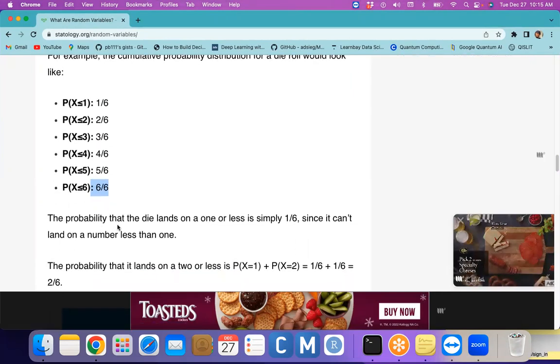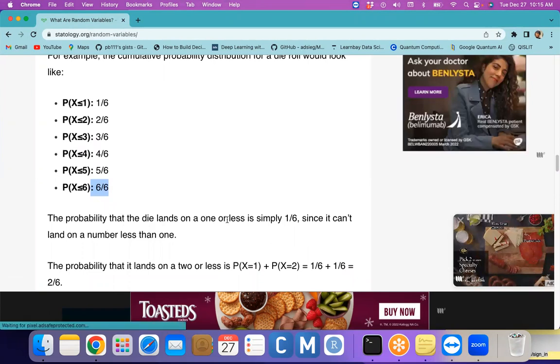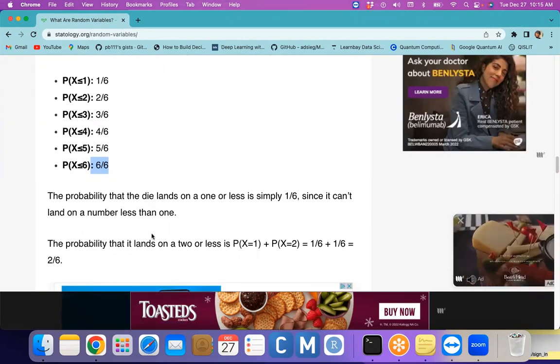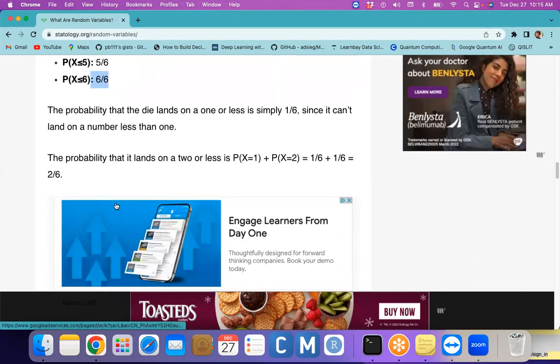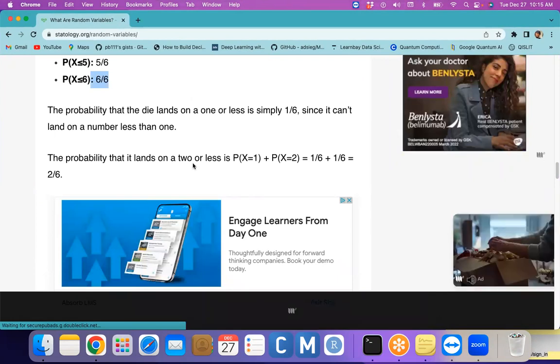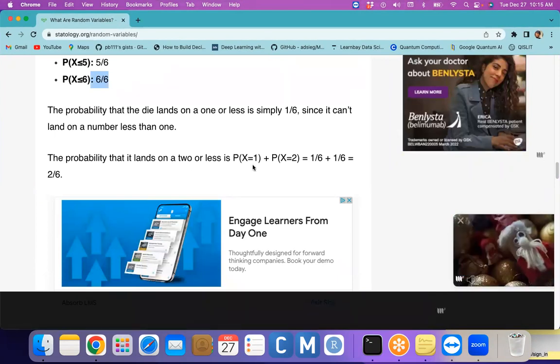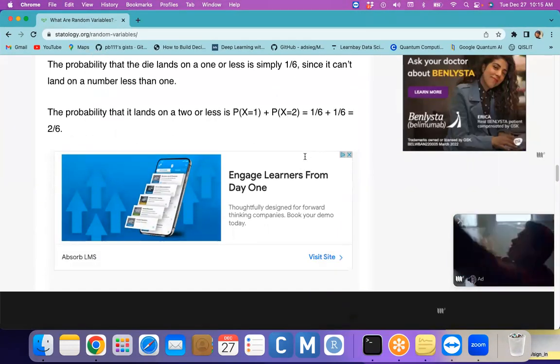Okay, the probability that the die lands on a 1, or simply 1, is 1 by 6. We cannot land on a number less than one. This is the probability that the die lands on 2 or less than that. This is the explanation.